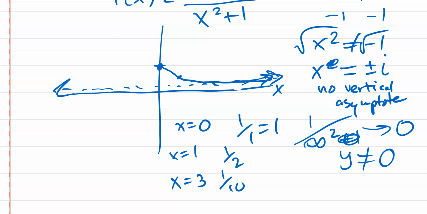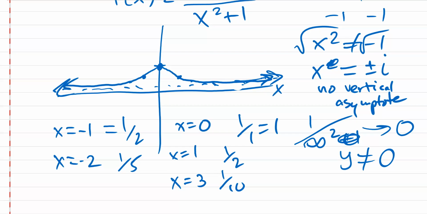What happens to the left? If x equals negative 1, I square it and I get 1 over 2. If x equals negative 2, I get 1 over 5. It does the same thing. So it comes up, but it never has an asymptote, so it just goes right back down. Kind of like a little hill, okay?